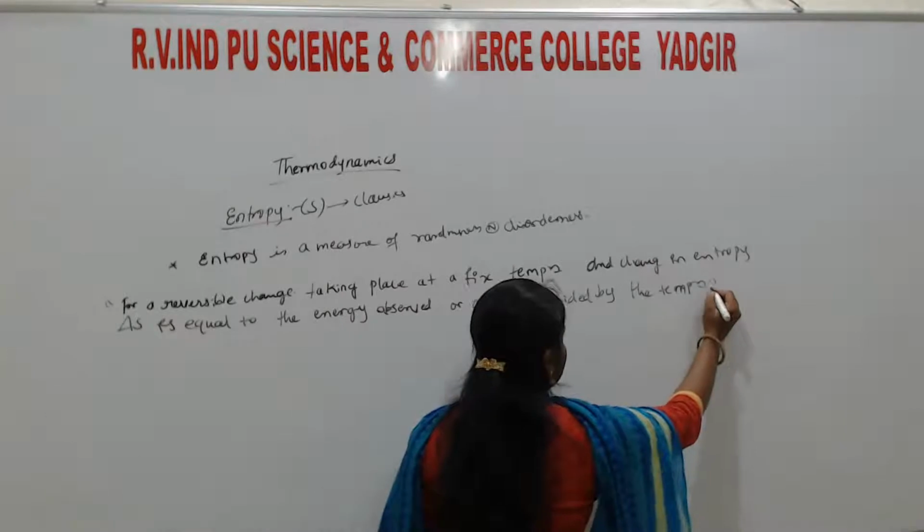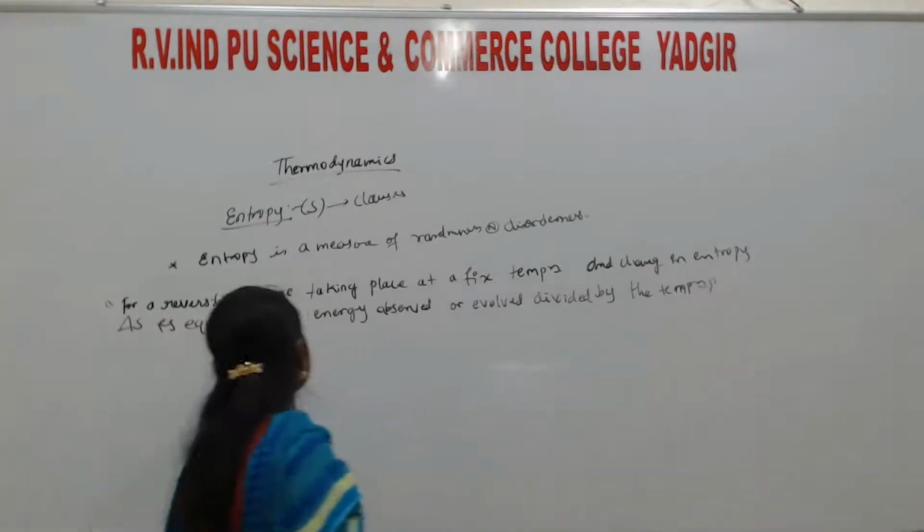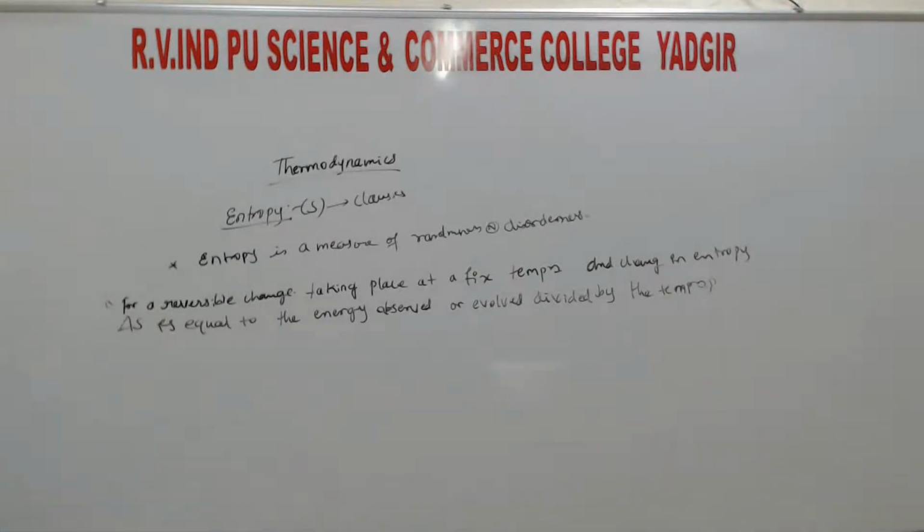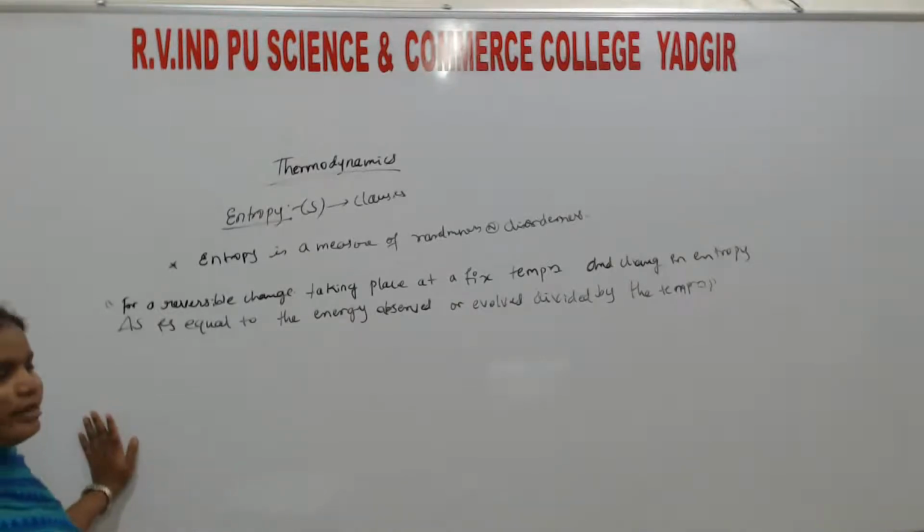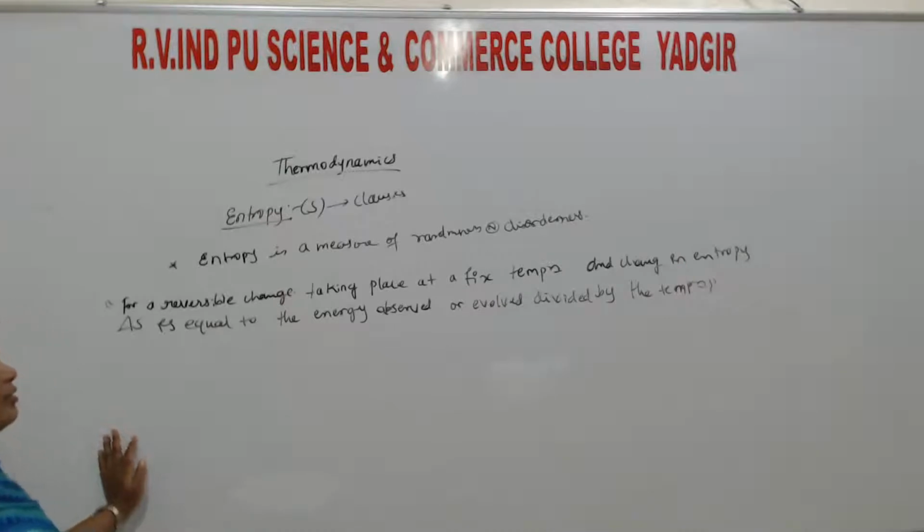This is the definition of entropy according to Clausius: entropy is a measure of randomness or disorderness of the system. You write this one.